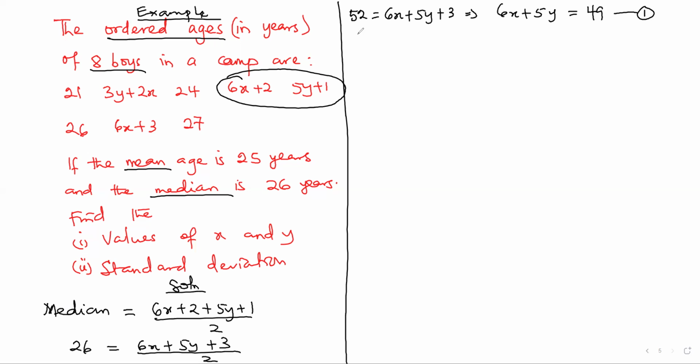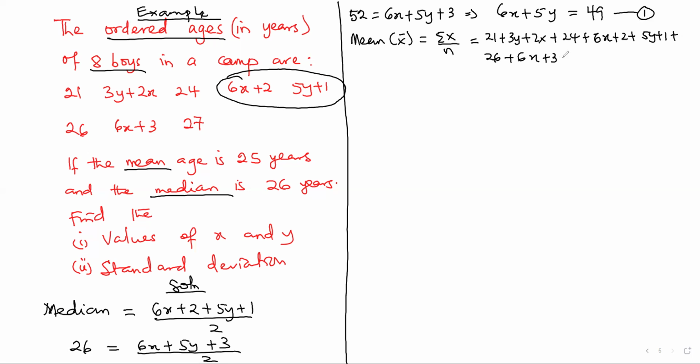Equation 2 says the mean. So we know that to find the mean, you sum all the x divided by n. Summing all the x, we have 21 plus 3y plus 2x plus 24 plus 6x plus 2 plus 5y plus 1 plus 26 plus 6x plus 3 plus 27, all divided by n.